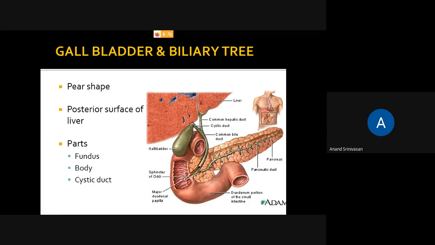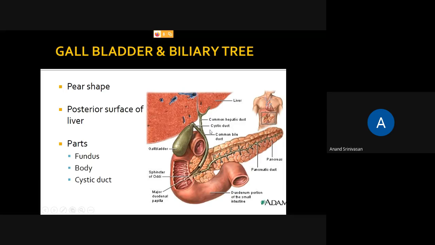Whenever we eat a fatty substance, the gallbladder contracts and the stored bile comes out through the cystic duct and the common bile duct, then gets mixed with the pancreatic secretions and opens into the second part of the duodenum.